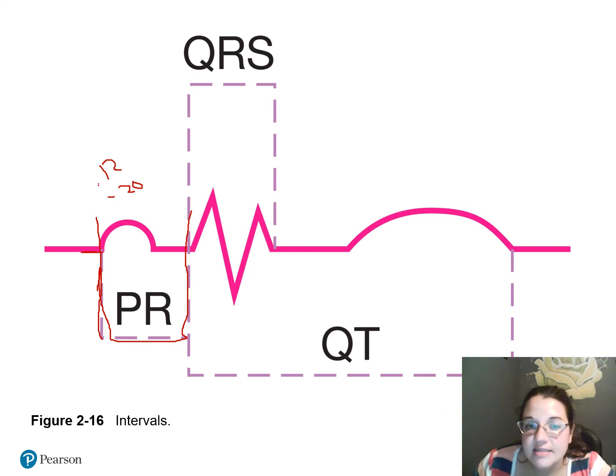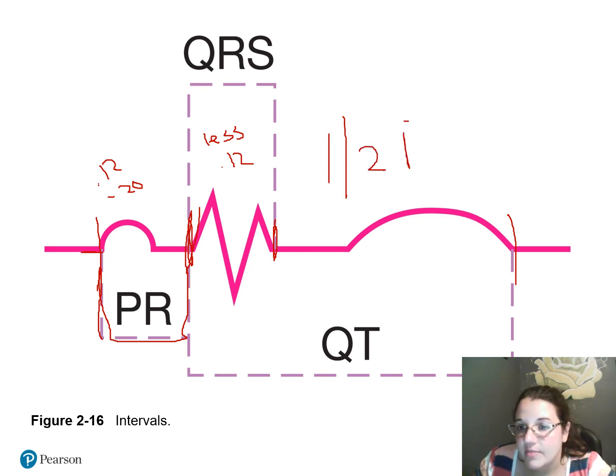My QRS is going to be from the beginning of my QRS to the end of my QRS. Here, I want it to be less than 0.12 seconds when I do my measurements. And then my QT is going to be from the beginning of the QRS to the end of the T. And remember, this needs to be half or less than or equal to my R to R interval.